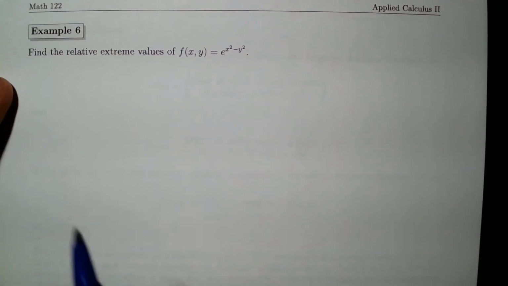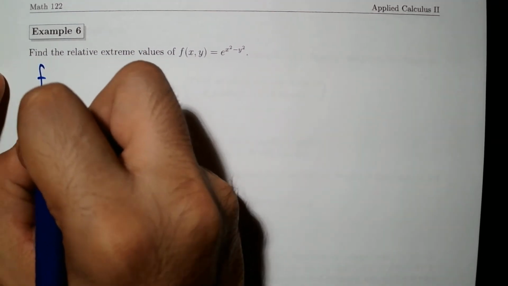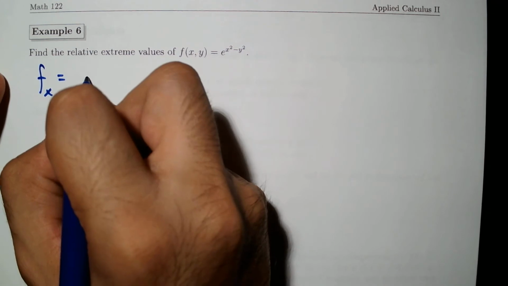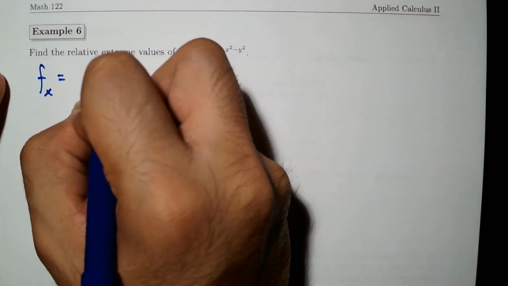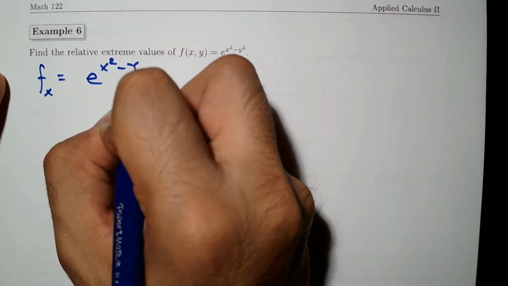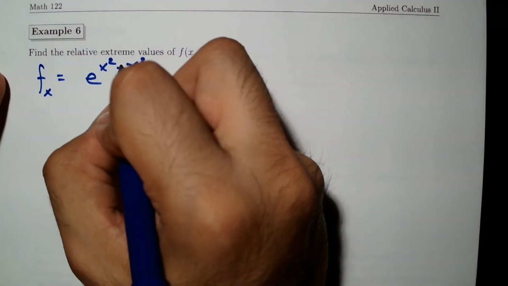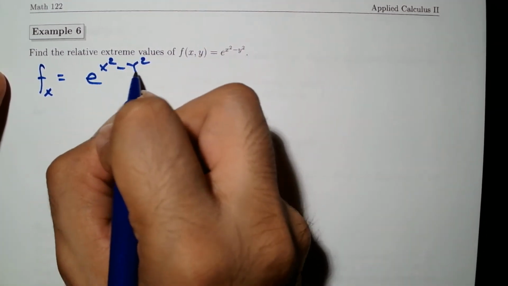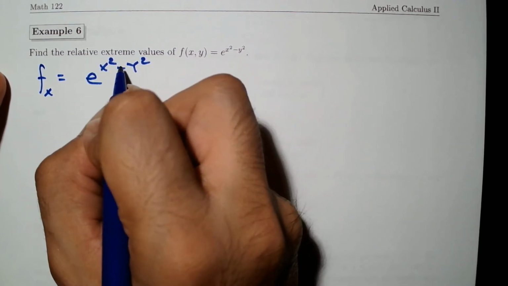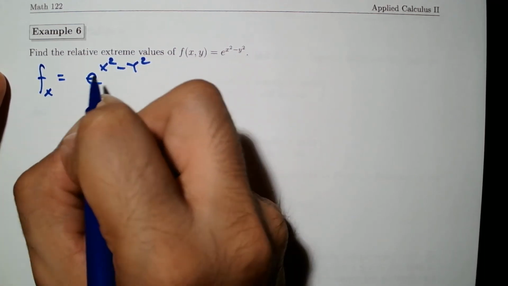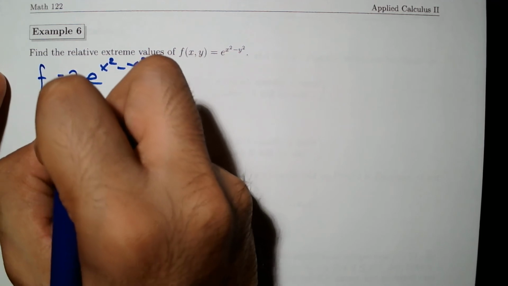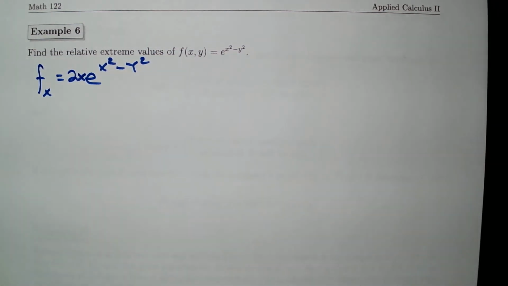All right, so first partial, it's going to be itself when it comes to the derivative of an exponential function, and then times the derivative of whatever is in the exponent with respect, in this case, to x. So in this case, 2x. So we're using a mini chain rule there.